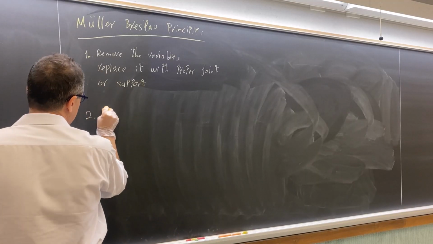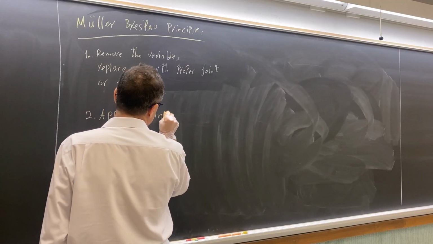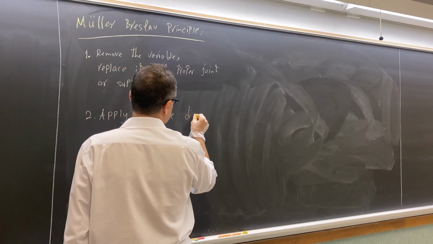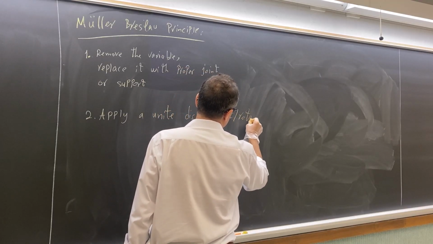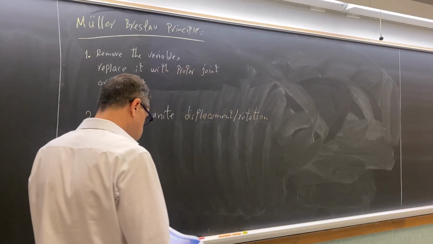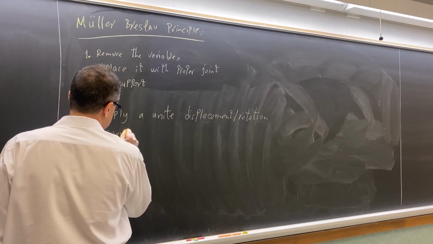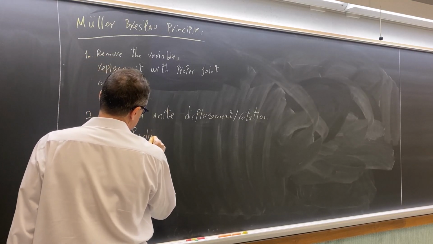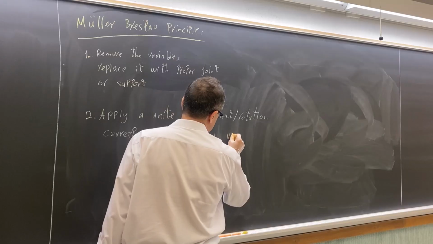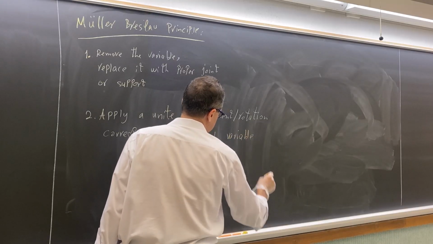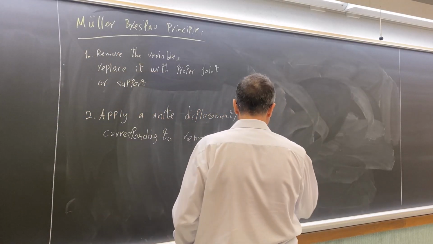Step 2, apply a unit displacement or rotation corresponding to the removed variable, and find the deflected shape of the structure.